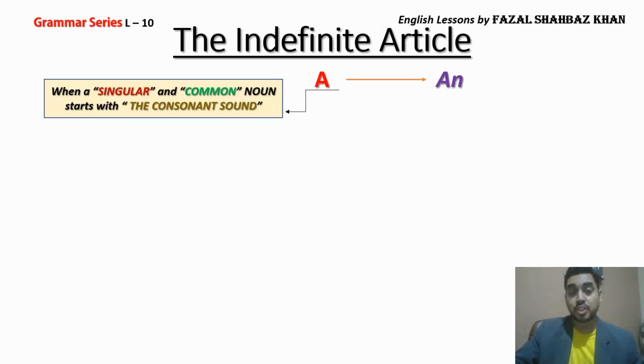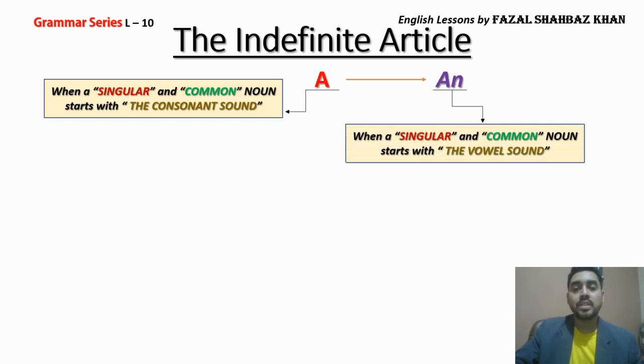Even with such words we should use a. Then we use an only when there is a singular common noun as usual, but one that carries the vowel sound in the very beginning. This is what we talked about in our previous lecture.